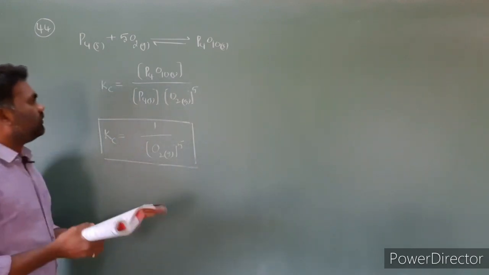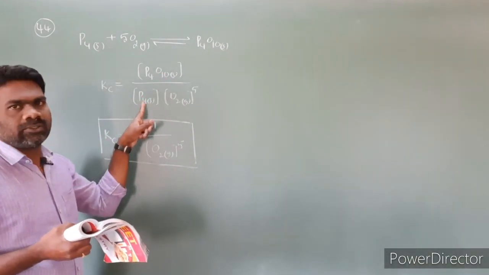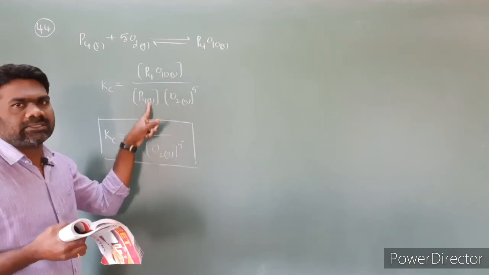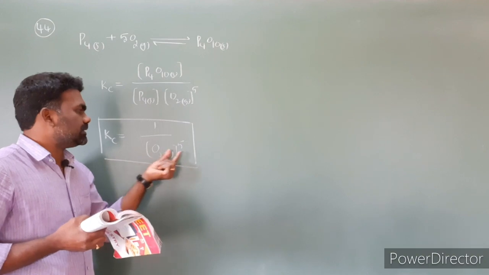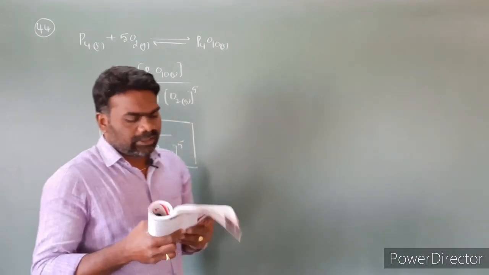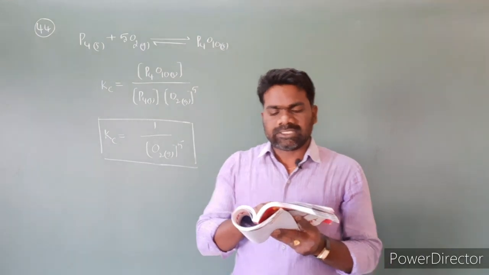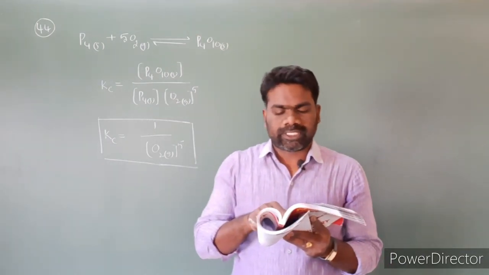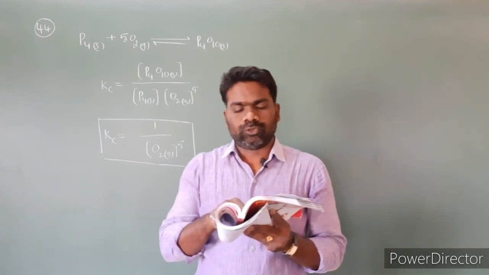Here P4O10 is a solid and P4 is a solid, so these two concentrations are taken as unity. So the equation becomes Kc is equal to 1 by O2 concentration power 5. So look at the options. Option 1, Kc is equal to concentration of P4O10 by concentration of P4 and concentration of O2 power 5.